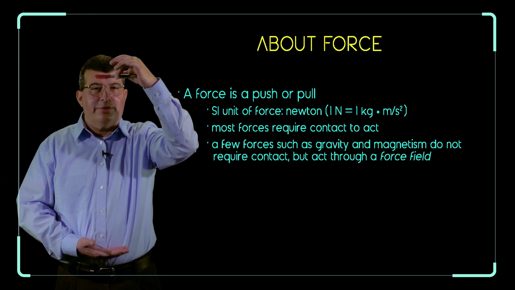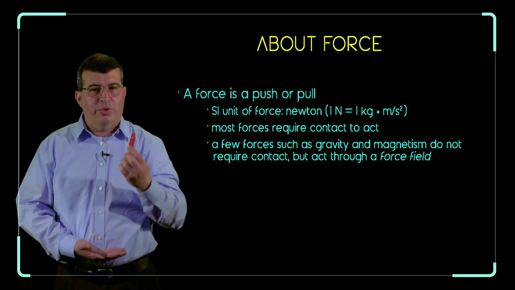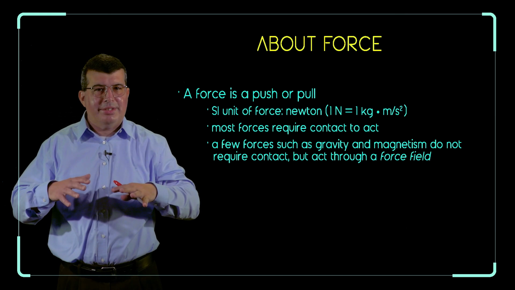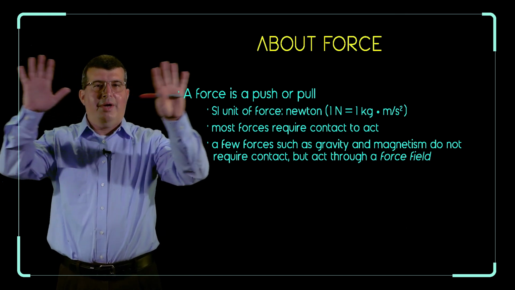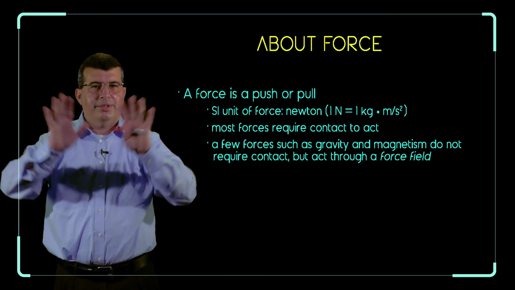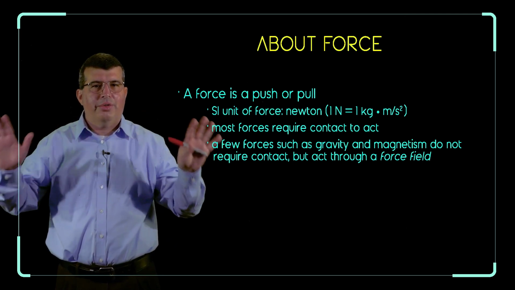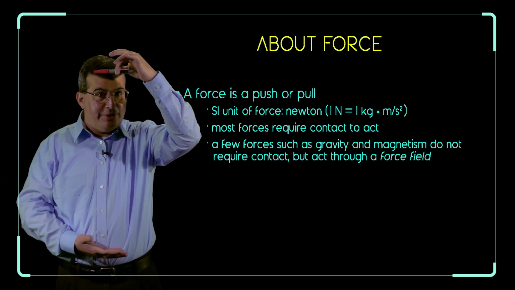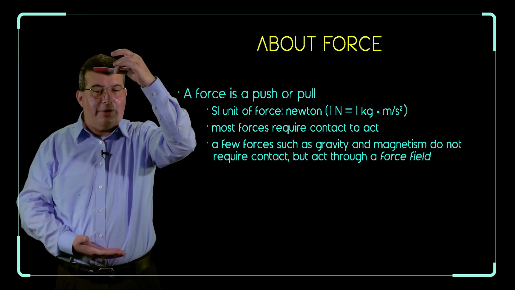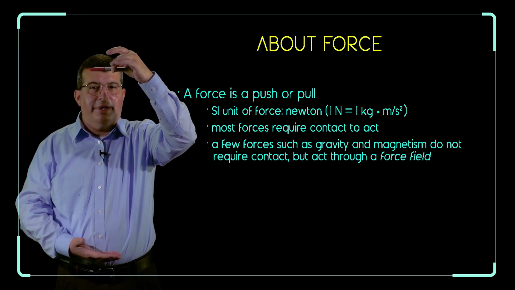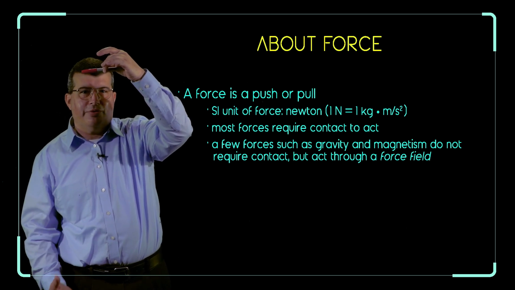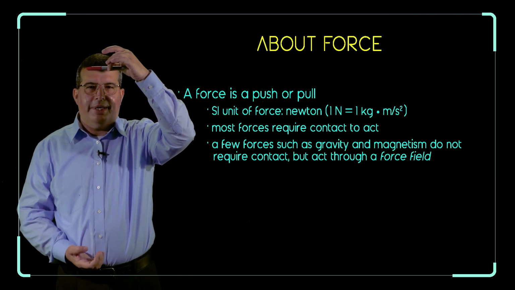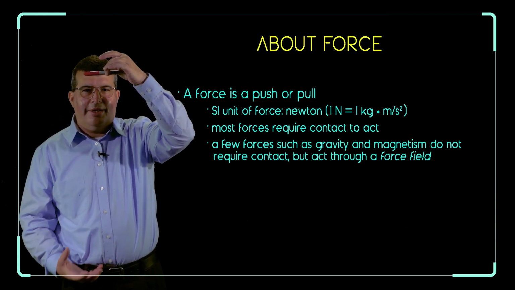Well, that happens through the gravitational force field. The Earth, as a mass, creates a gravitational field all around it. So since we are near the Earth, we are in the Earth's gravitational field, and specifically, this pin is in the Earth's gravitational field. So through that gravitational field, the Earth reaches up and pulls down on that pin.